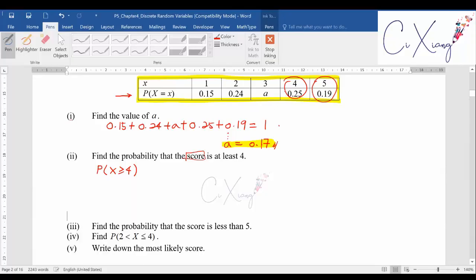So you take 0.25 and add 0.19, because for these two the score x equals 4 or more than 4. So 0.25 plus 0.19 equals 0.4. I think this is not hard to understand.